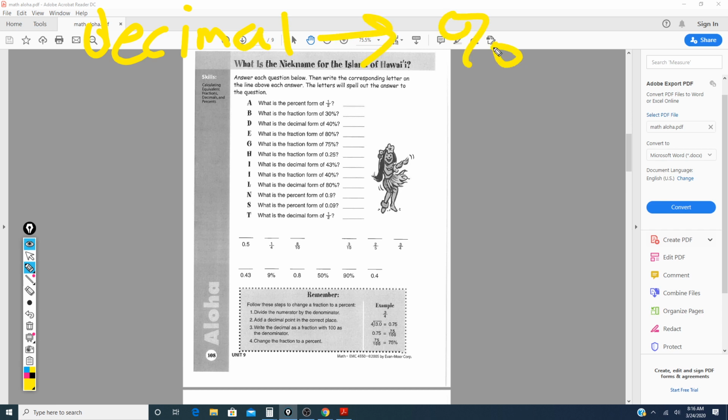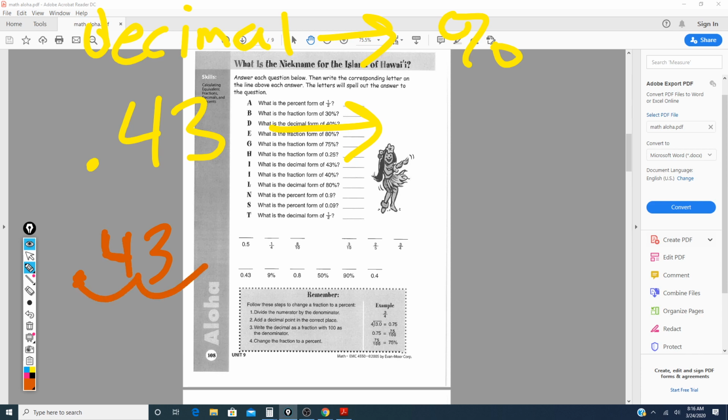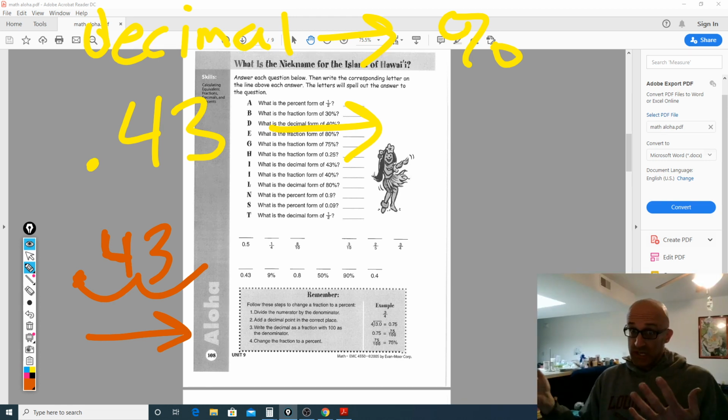So if I had the decimal 0.43 and want a percent, ladies and gentlemen, all you're doing is taking that decimal and moving it to the right. Decimal to a percent is 2 to the right.